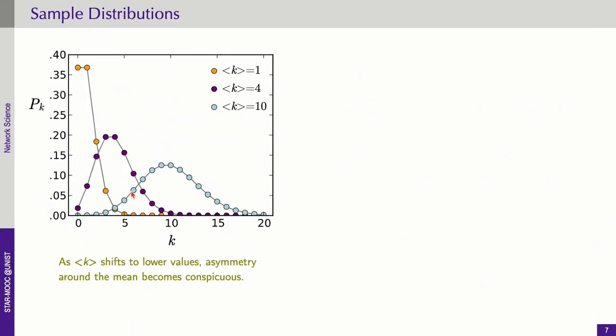Here we have some sample Poisson distributions with different mean values. As the mean degree increases from 1 to 10, the overall distribution becomes more and more symmetric around the mean. If you look at the functional form of the Poisson distribution, the increasing behavior below the peak is due to the exponential numerator, while it eventually turns decreasing because of the factorial in the denominator.